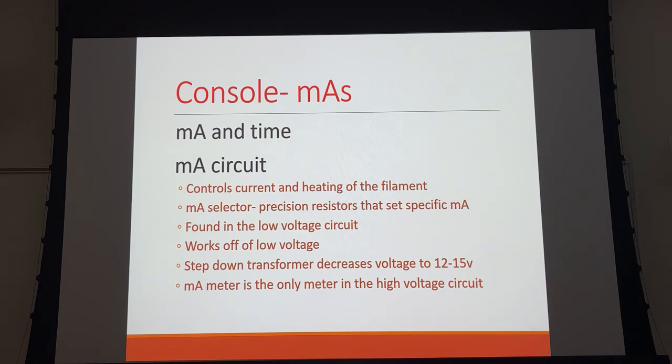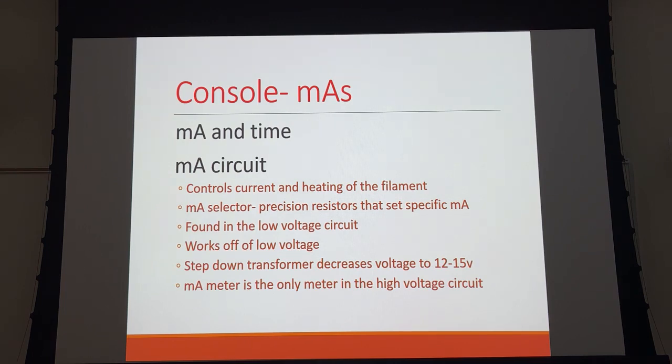So the higher the mA, the more electrons we put on the filament, the hotter it gets, but also the more electrons that we're going to send across the tube. There's a direct relationship between mA and the tube output once we make our exposure.